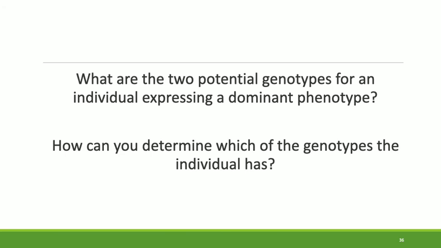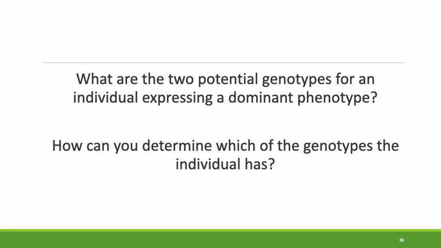You're wondering, is this particular plant, which looks completely purple on its flowers, a true breeding purple plant, meaning a homozygous dominant plant for purple flower color, or is it a heterozygous purple flower plant, meaning that it actually has an allele for white color? A test cross helps you figure out the answer to that question.